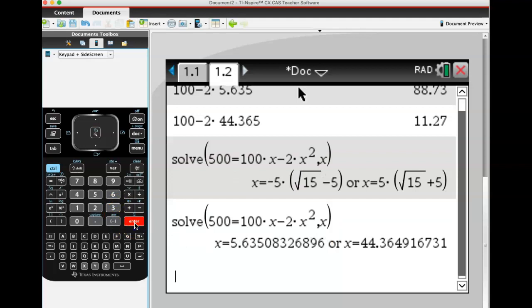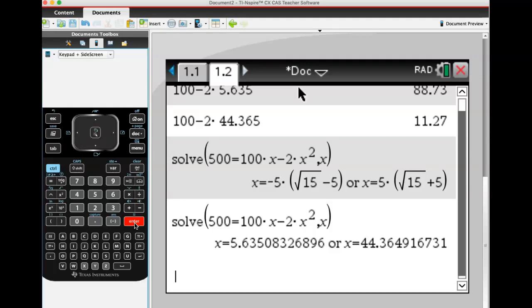You can see it's quickly spitting out 5.635 or 44.365, and I can get those right out of the solver and I don't even need the graph. We do use solver a lot in this class, and it is pretty stinking handy. So that was a quick rundown. If you need to back up and look at that solver again, you can.